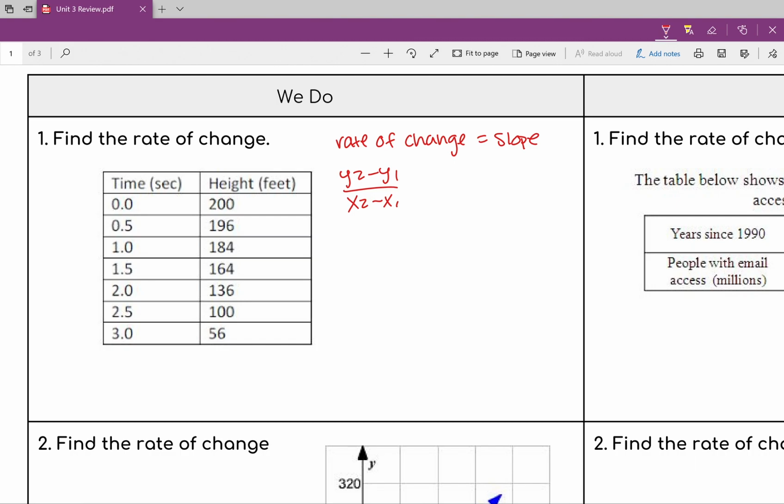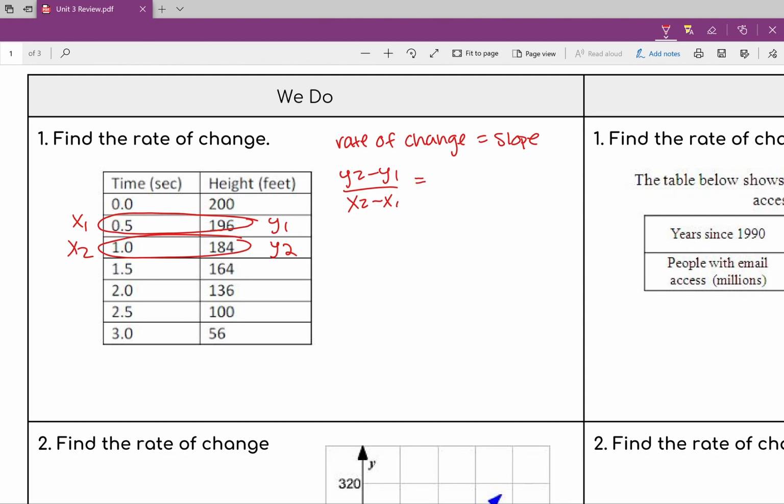Okay, and I'm going to pick any point. So I'm just going to go with the second one and the third one. So this is going to be x1, x2, y1, y2.